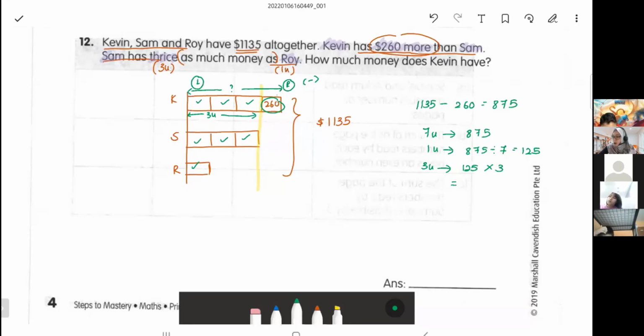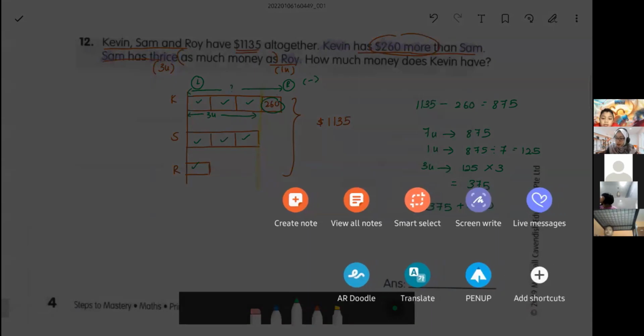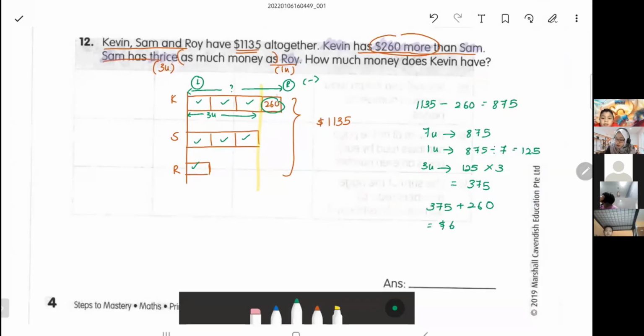I'm doing this on the spot, so that's why. 125 times 3 is 375. Do not stop there because Kevin doesn't have 375. He has plus 260. And he has $635. Take note of the answer. 635. What concept? Comparison model.